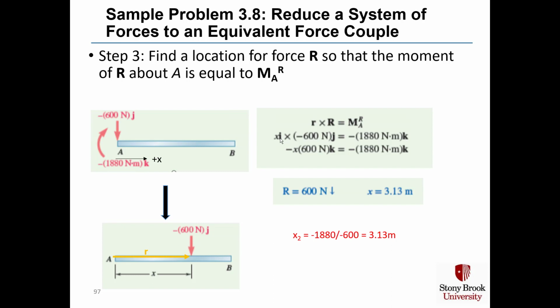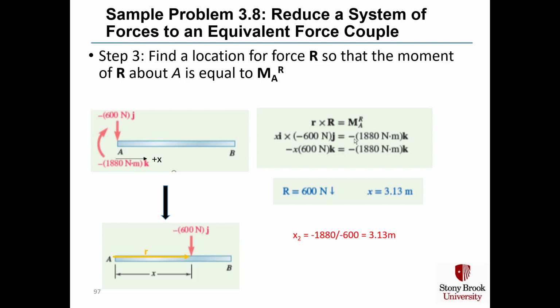The resultant, capital R, is minus 600 newtons in the j direction, and that has to be equal to minus 1,880 Newton meters because that's what the moment is on the left side of the beam. So we get minus x times 600 newtons in k is equal to minus 1880 Newton meters in k.